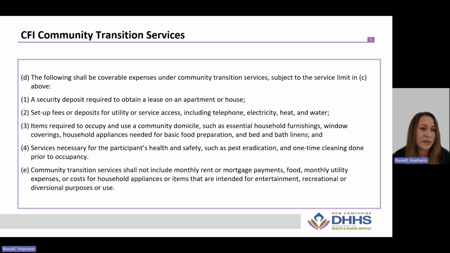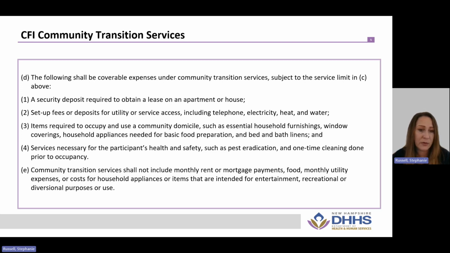So again, a security deposit for an apartment or house, setup fees or deposits for utility services, which could include telephone, electricity, heat, and water, items required to occupy and use a community domicile, such as household furnishings, window coverings, appliances, bed and bath linens, services that are necessary for the participant's health and safety, such as pest eradication and the one-time cleaning done prior to occupancy.